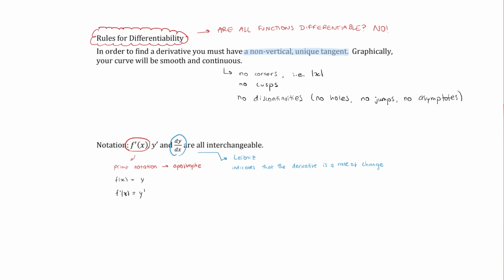But the function as a whole, it basically gives us the change in y with respect to the change in x, right? So it tells us, as x is changing, how is y changing? So the derivative gives us the change in y with respect to the change in x.